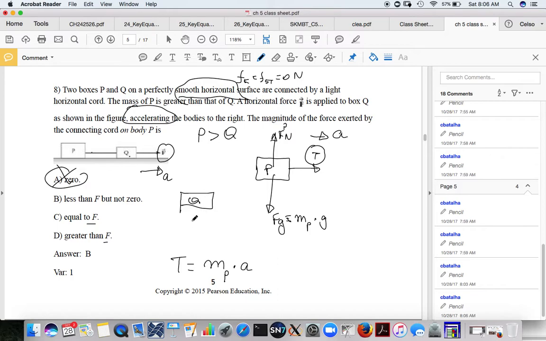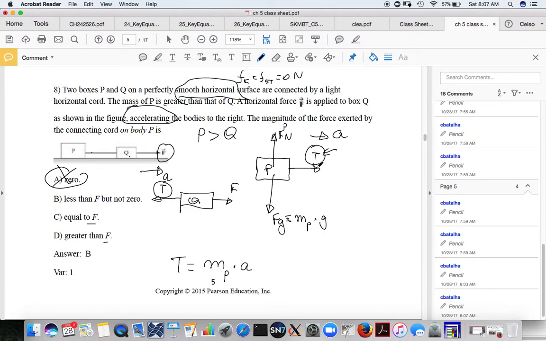Here's block Q. If I do a free body diagram on it, to the right I have F, right? Now to the left, do I have any impeding force acting on Q horizontally? The answer is yes. I would have friction, but the surface is smooth, so I don't need to worry about it. But I do have a tension, and the tension is a force that has the same magnitude as this force.